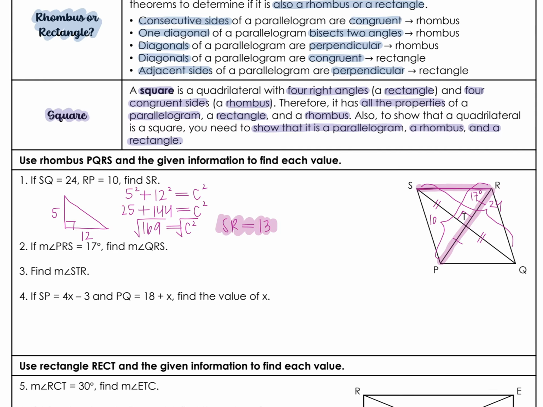So I'm going to say 17 times 2 is going to give me 34. So the measure of angle QRS is 34 degrees.